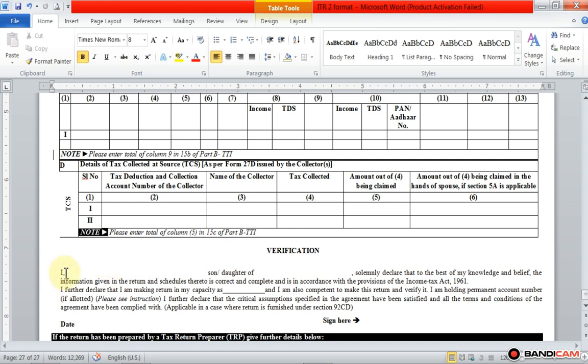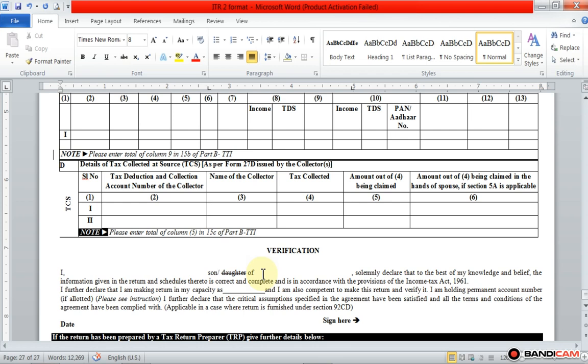Okay, so verification includes here, "I" means the name of the assessee. For example, here name I, Nitin Tipale, son of. So here we erase the daughter, and then we fill the information of the father's name, that is the assessee's father's name.